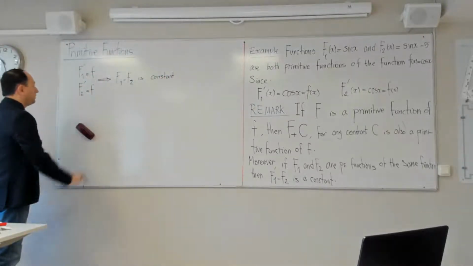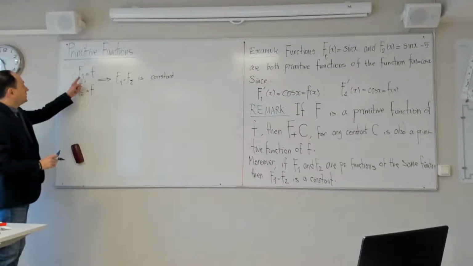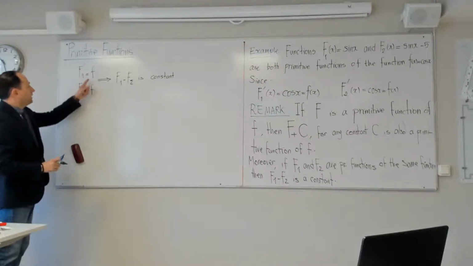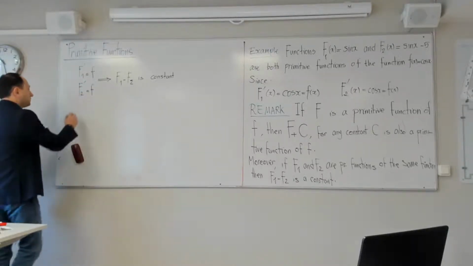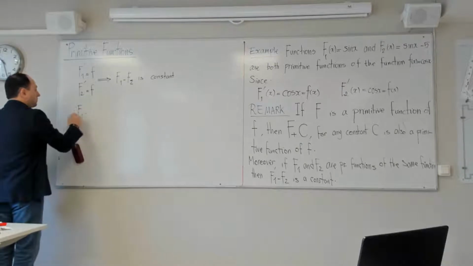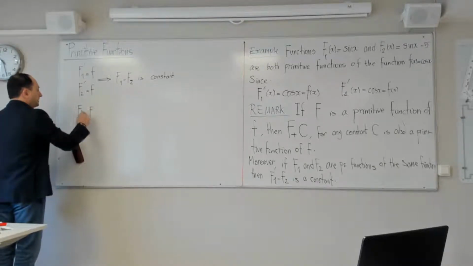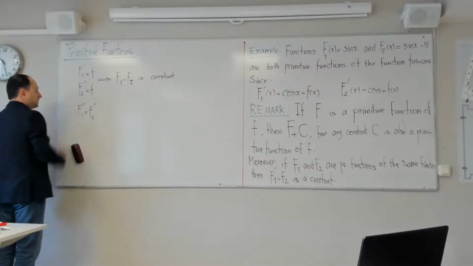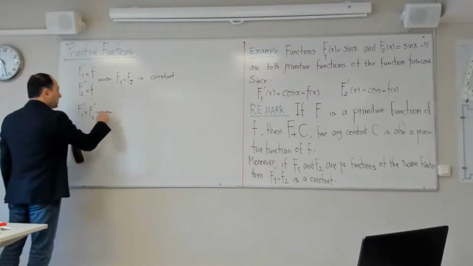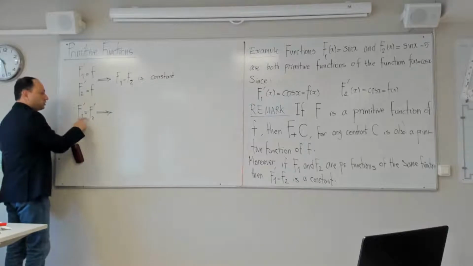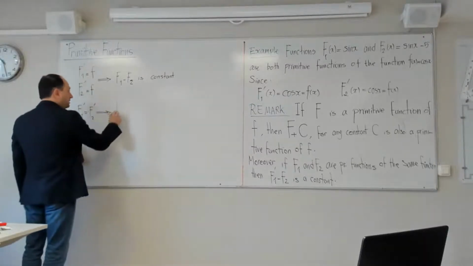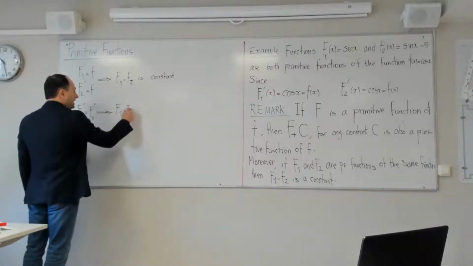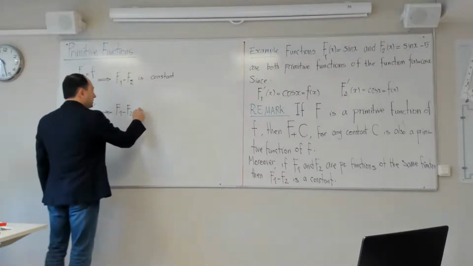Or it can be formulated in a different way. When you say the derivative of this is equal to f, the derivative of this is also equal to f. So if someone tells me that the derivative of F1 is equal to the derivative of this one, I cannot conclude that these two functions are the same. What I can conclude is that f1 minus f2 is a constant.